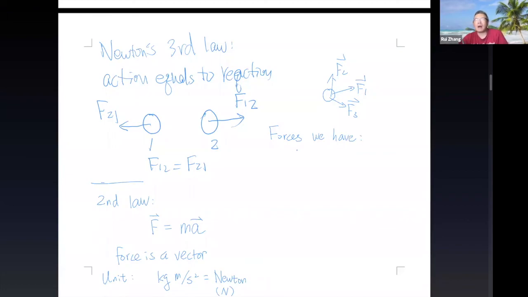Without understanding those forces, there's no way we can use this second law to actually solve the problem, to get the kinematics, okay?